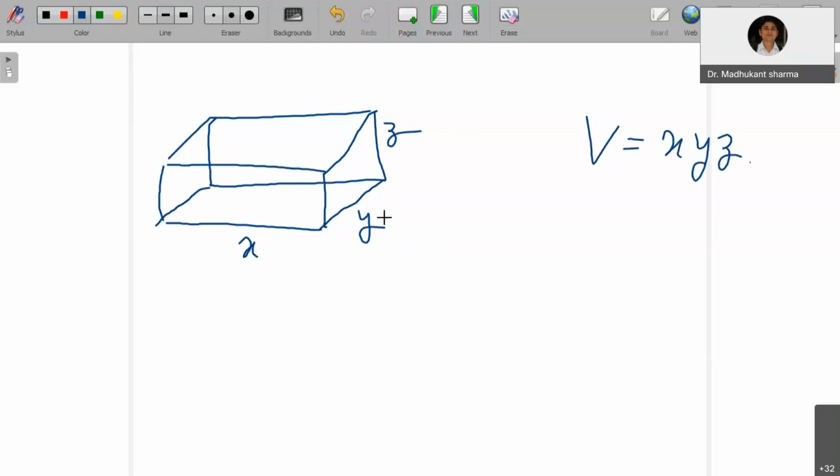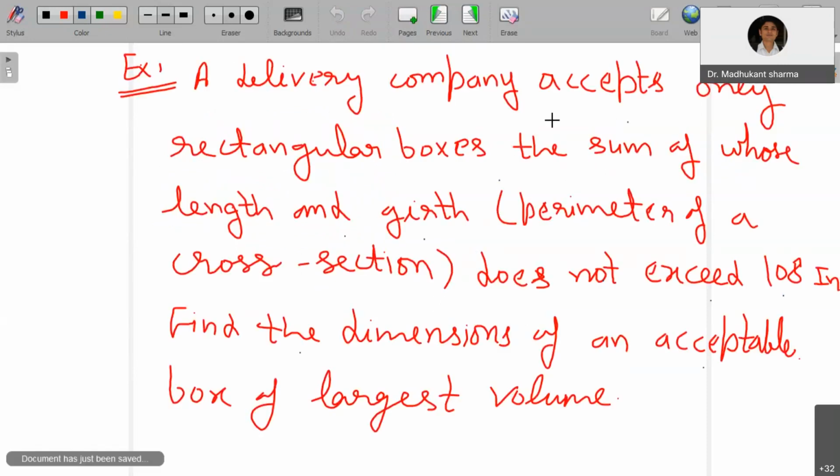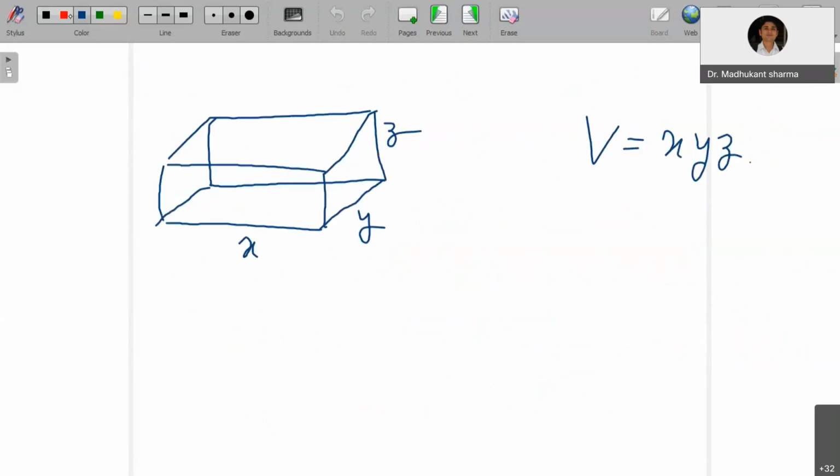Now, what is given to you is that the delivery company accepts only rectangular boxes, the sum of whose length and girth does not exceed 108 inches. Okay, so what will be the girth of the cross section? The perimeter of this cross section is what?